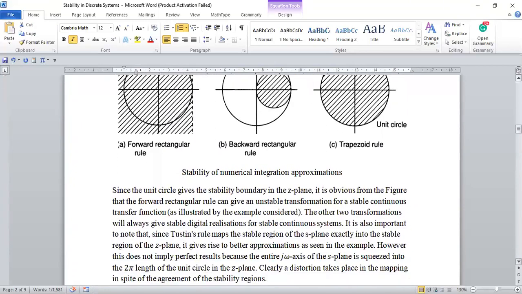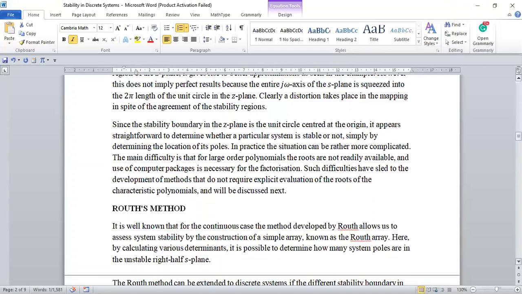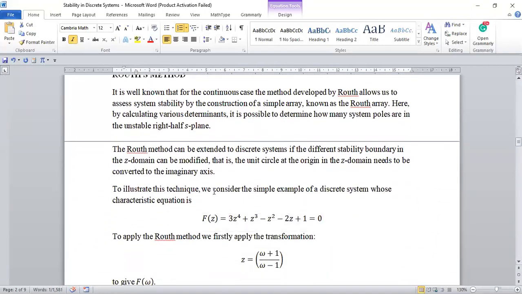But how about if your poles are in the form of a polynomial? For instance, if you have this pole here, how will you determine if the system is stable or not in the Z-plane? And this is a fourth order polynomial. It's going to be difficult for you to break it down.